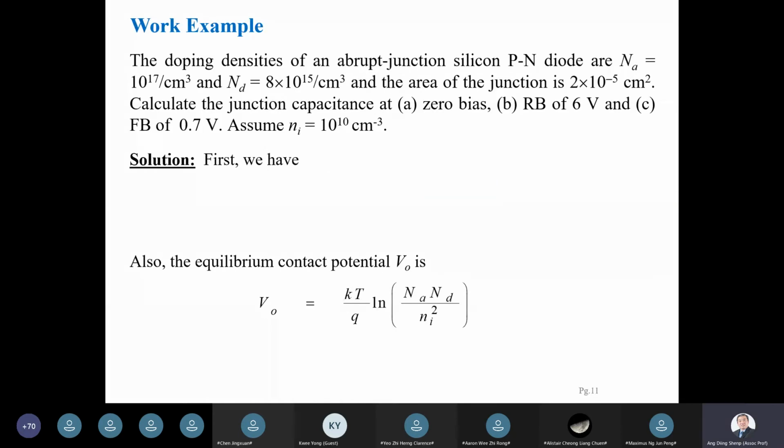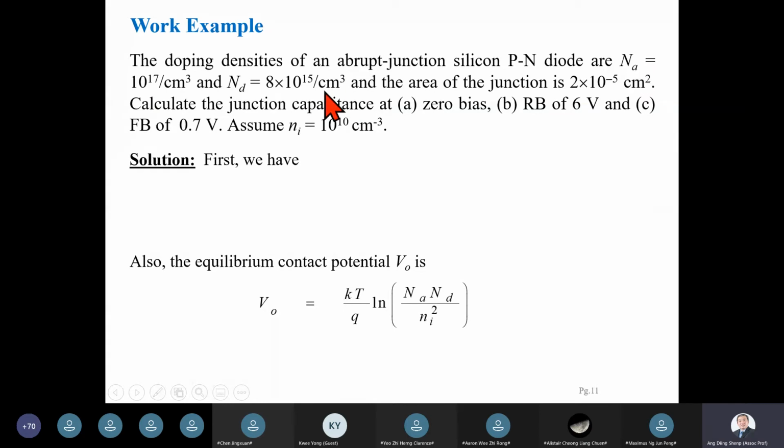Let's go through a worked example to get a feel of the order of magnitude of the junction capacitance, in other words, how large or how small it is. Let's consider an abrupt p-n junction, whereby the p-side doping is 10^17 per cm cubed, and the n-side doping is 8 times 10^15 per cm cubed.